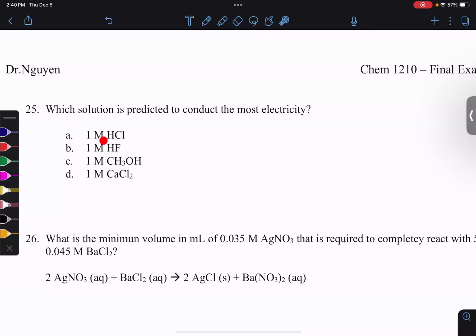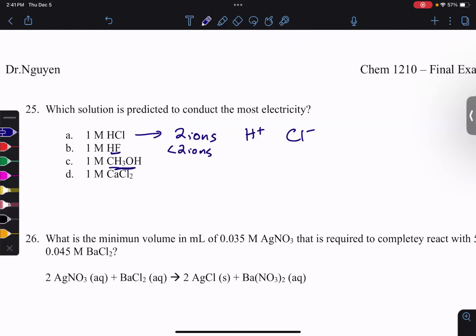So 1 molarity of HCl gives us 2 ions, H plus and Cl minus, because it's a strong electrolyte. But HF, on the other hand, is a weak electrolyte. So when you put HF in water, will you get 2 full ions out? You won't. You'll get less than 2 ions. So HF is going to have a dimmer conductivity than HCl.